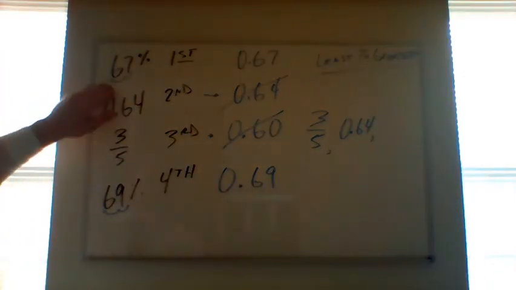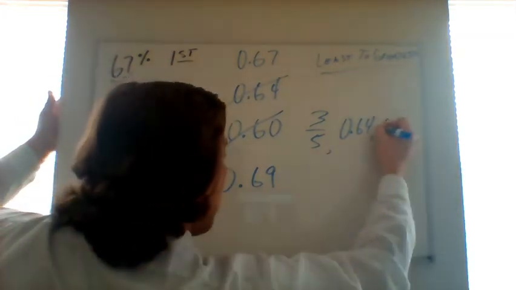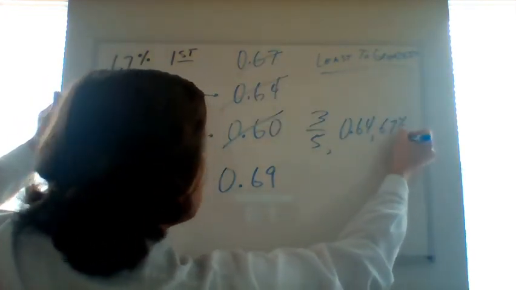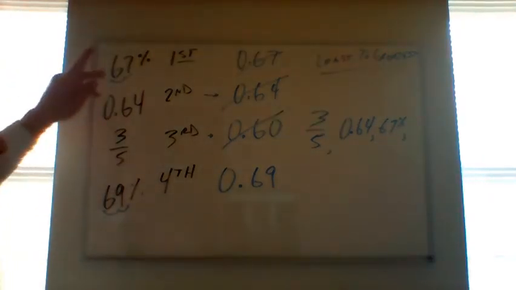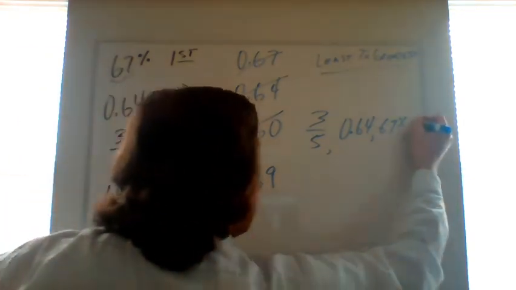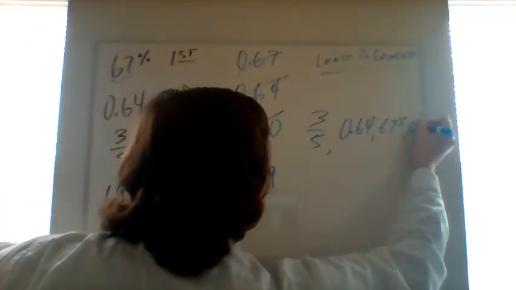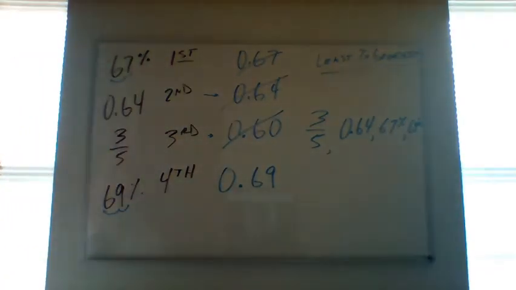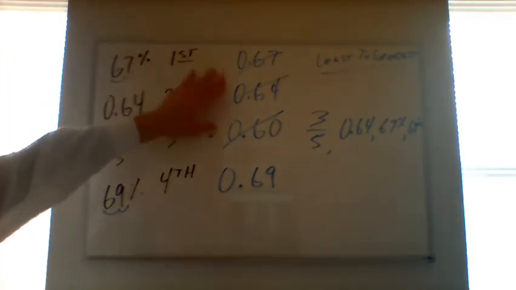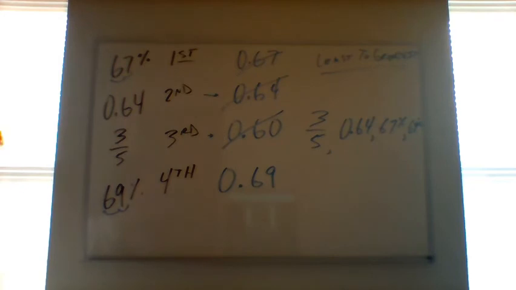All right, next smallest is 67%, right? And the largest was his last game, so it looks like he's getting a little bit better there at throwing the ball. This is 69%. All right, so these are the four from least to greatest. Remember, we turned them into decimals, and we saw which decimal was the smallest.